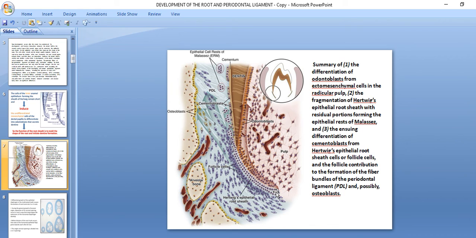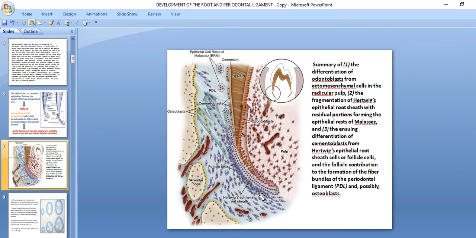The dental follicle lies external to the root sheath and forms cementum, periodontal ligament, and alveolar bone. And today we discuss these three structures and their development.